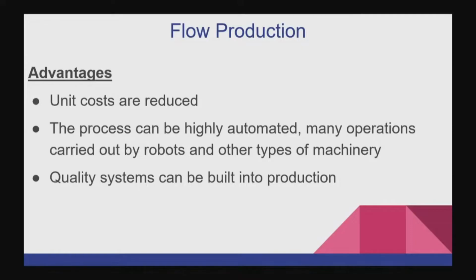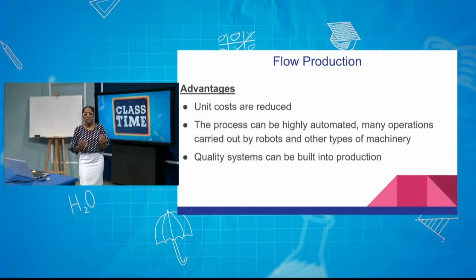The process can be highly automated, with many operations carried out by robots and other types of machinery. Because you're looking at bigger jobs, like motor vehicles and so forth, you want to ensure that it is not only human labor, right? You have your machines taking over.